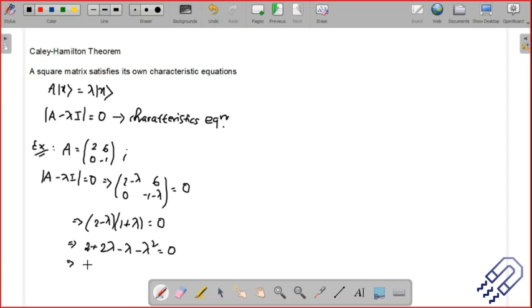If we make one more line here, lambda square, minus 2 minus lambda is minus lambda, plus lambda. So I'll write lambda square plus lambda minus 2 equal to 0. Sorry, it should be lambda square minus lambda minus 2 equal to 0.